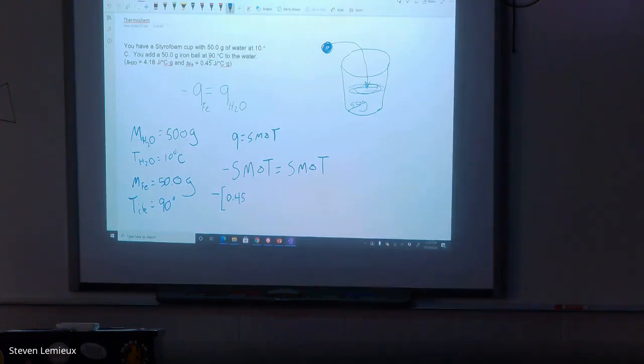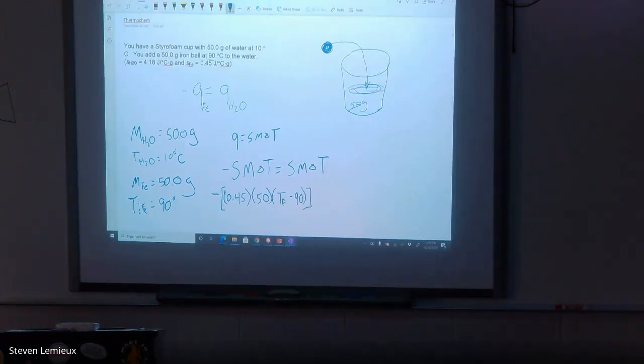Normally I wouldn't tell you to leave out the units, but I think in this case you should. So this is 50 grams, and then the change in temperature is temperature final minus temperature initial. Temperature final is what we're solving for, minus the temperature initial of the iron, that is 90.